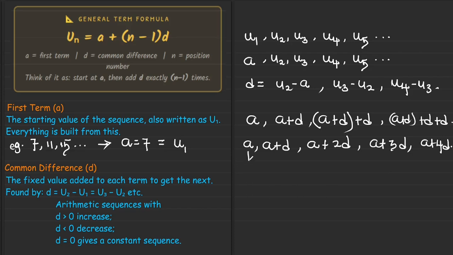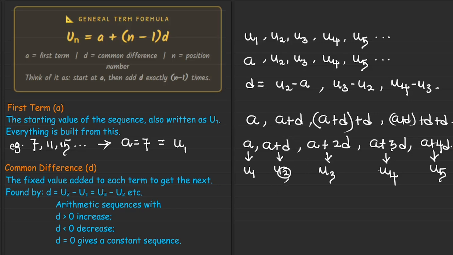Meanwhile, a was our first term. a plus d was our second term, that is u2. a plus 2d was the third term, that is u3. Then a plus 3d was our fourth term, followed by the fifth term we have over here.